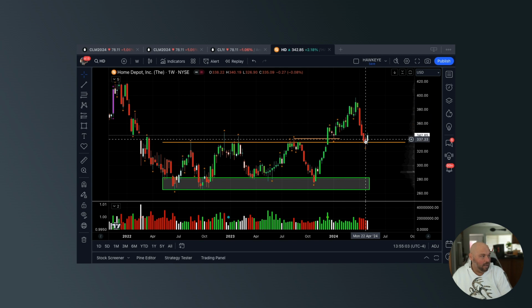Now we've come back on a weekly basis to test this area twice. I want you to notice the second test that did penetrate deeper through that level was on decreasing selling volume. So I want to pay very particular attention to what happens here next.